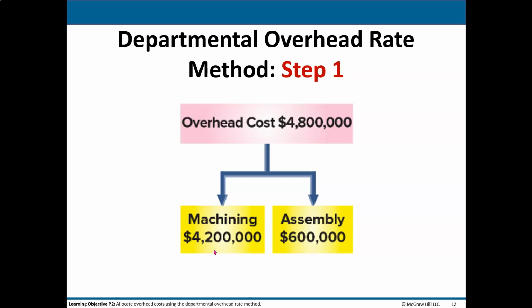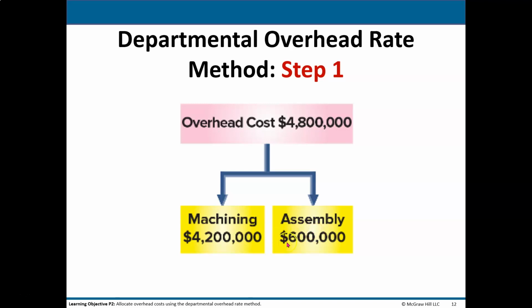That's the thing that we're doing that's driving the cost. My cost driver is machining hours in the machining department, so I'm going to take my estimated overhead divided by my estimated machine hours for the period to get my overhead rate per machine hour in the machining department.